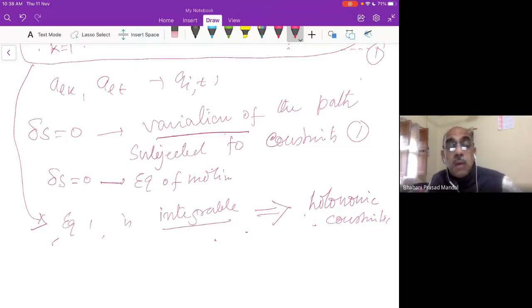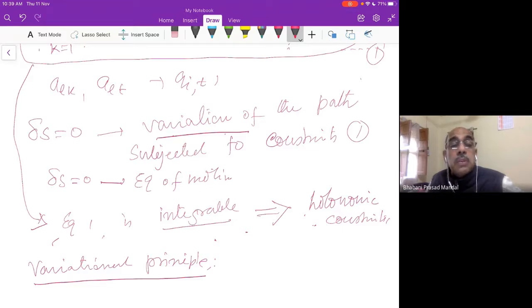But if you really want to study non-holonomic systems, then you have to apply the variational principle, the one you consider for Hamilton's principle, keeping this constraint. Another possibility is to introduce the virtual displacement.